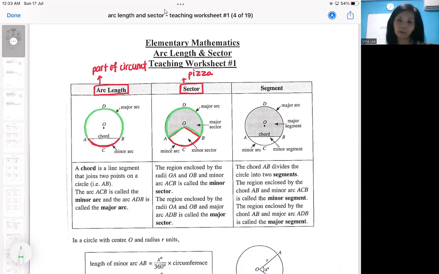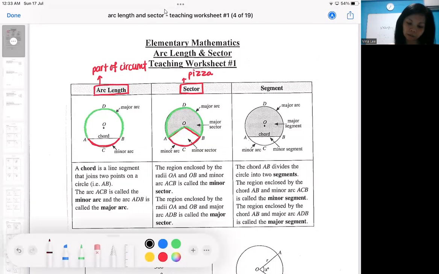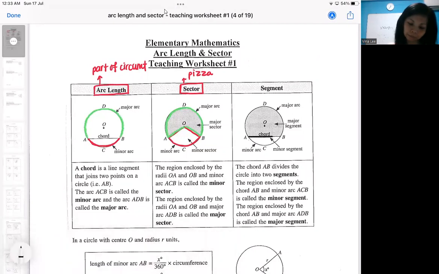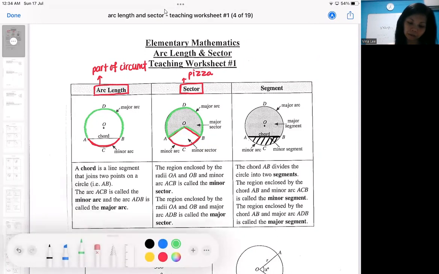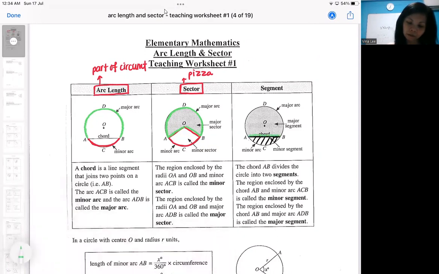Another thing is called the segment. A segment is separated by a chord. So a segment is not a pizza. This one is the minor segment. To me, it feels a bit like the crust. And then this, whatever is left, will be the major segment. Finding the area of a segment can be a bit challenging for some.